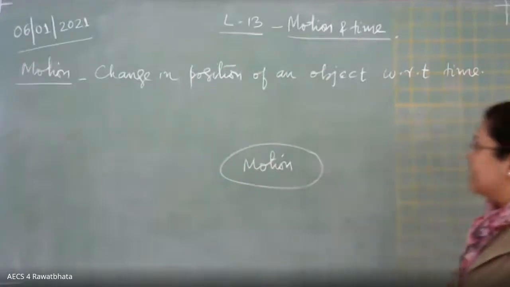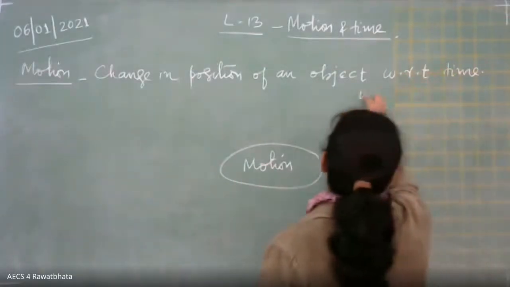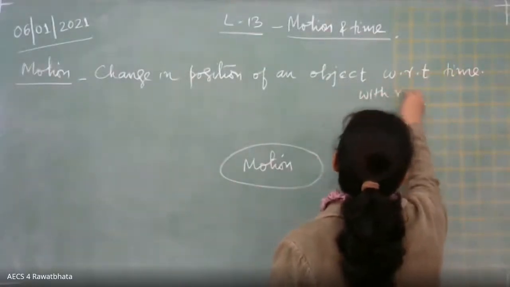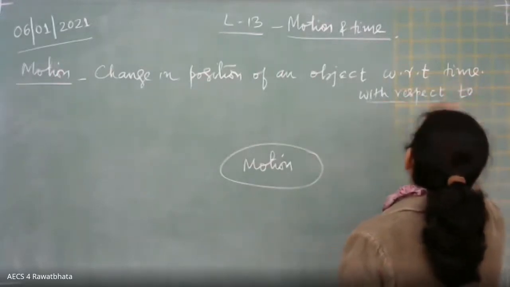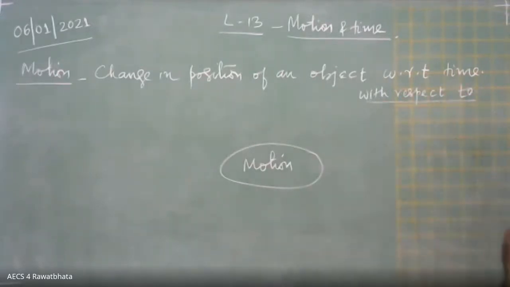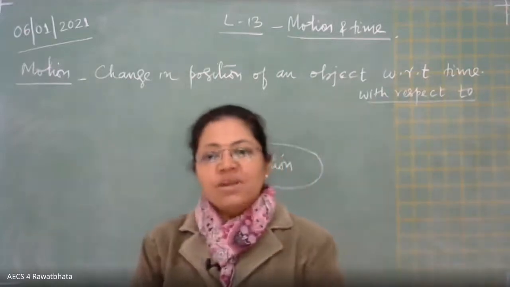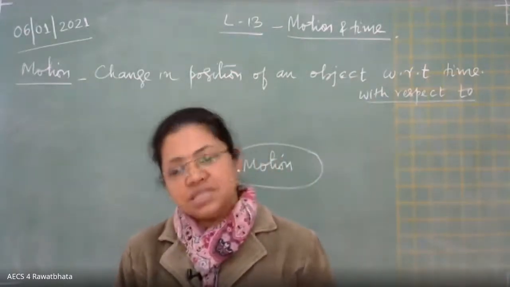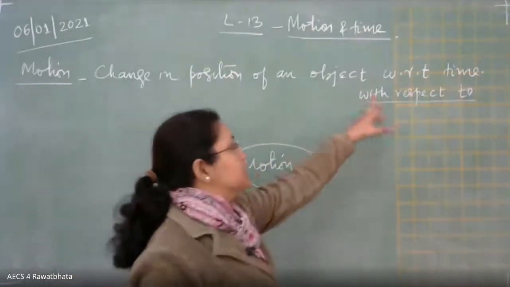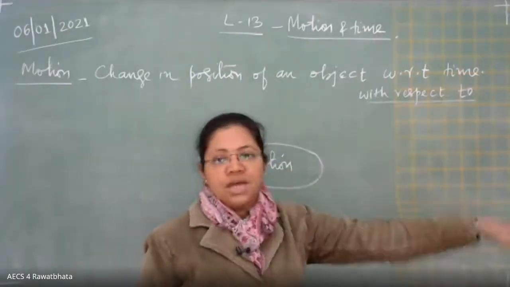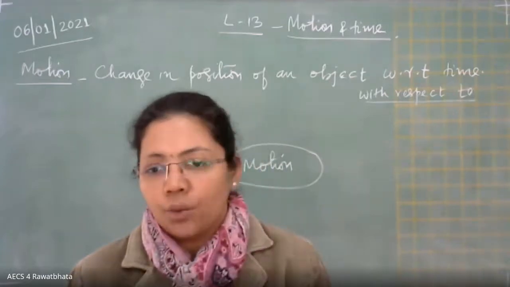I am giving short forms. W means with, R for respect, T for to. These are universally accepted notations we have in science which we use while writing, and one of them is WRT, with respect to time. Hope it's clear now.